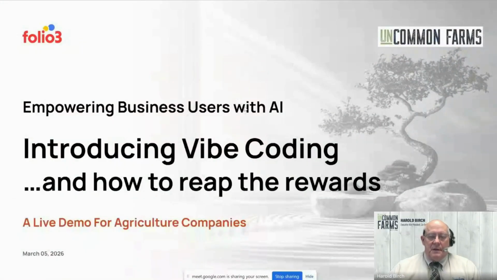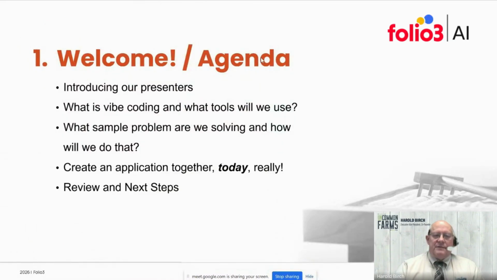All right, good deal. So I just want to welcome everyone for taking some time out of your busy schedule to join us here today and learn a little bit how we can maybe use AI and coding to build some really neat apps and look at how we can use this in our business. And so we'll be spending some time here doing that. As we think about the agenda we have today, we're going to introduce ourselves in just a moment.